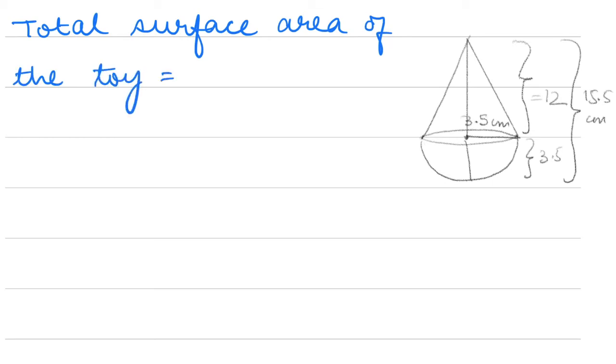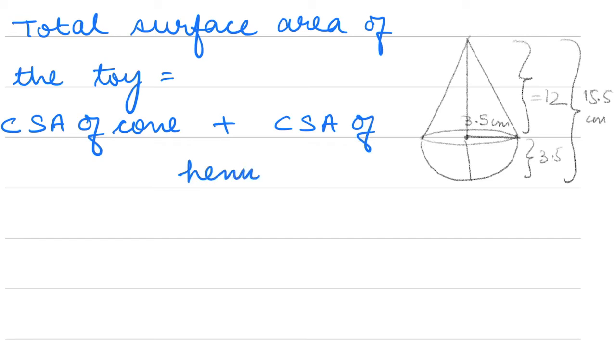That will be equal to the curved surface area of cone plus the curved surface area of hemisphere. Let's write down the formula. Curved surface area of cone is pi r L, and curved surface area of hemisphere is 2 pi r square.